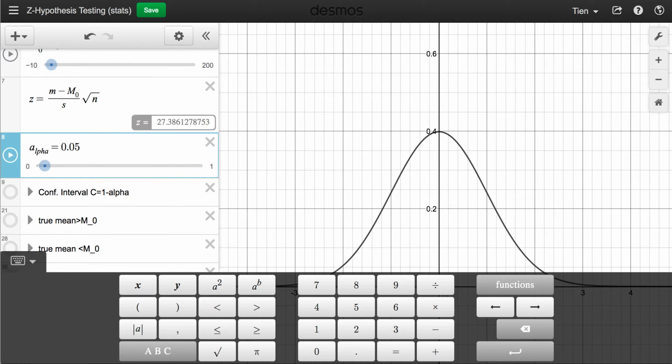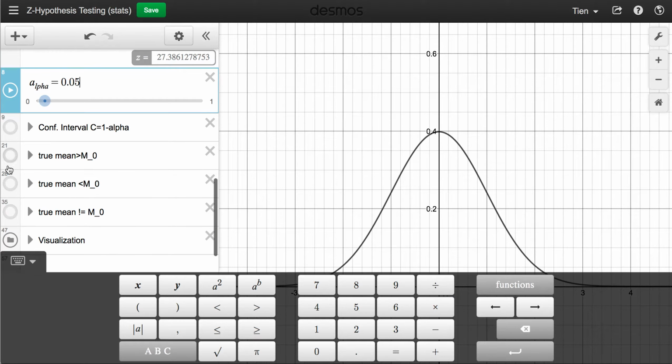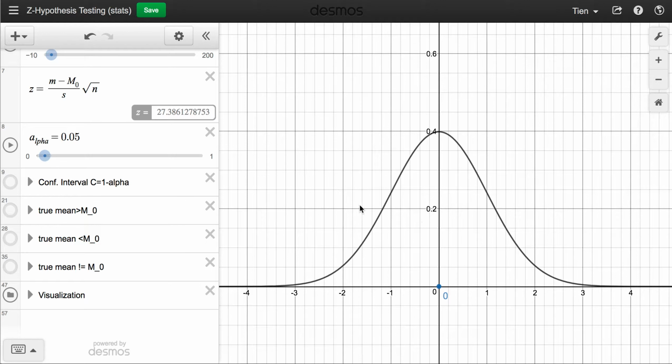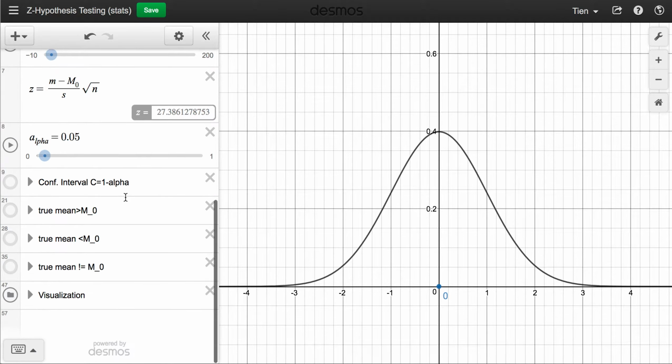Let's set it to 0.05 maybe. Then what these different tabs here will allow you to do is to look at and test different hypotheses for different possible values for the true mean.